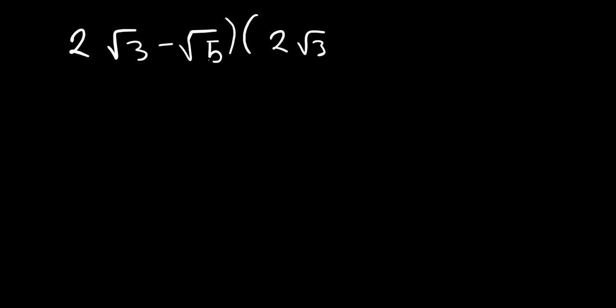We have 2 root 3 minus root 5, multiplying by 2 root 3 plus 2 root 5. Okay, how do we simplify this? It's the same principle, we're going to use the principles of surds.